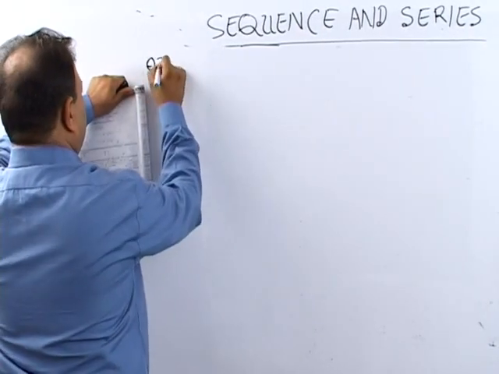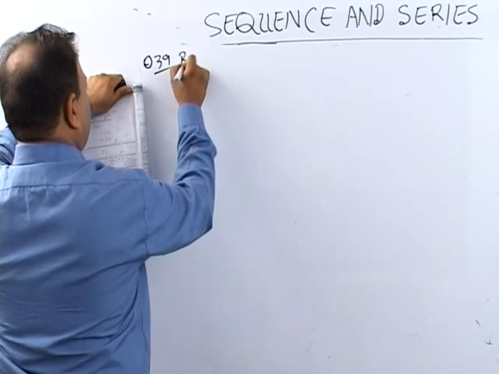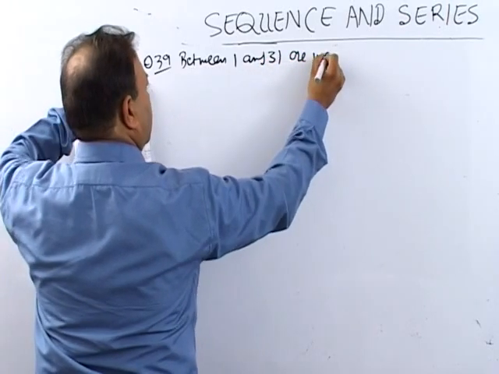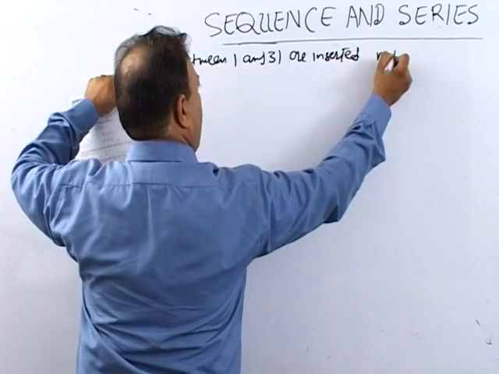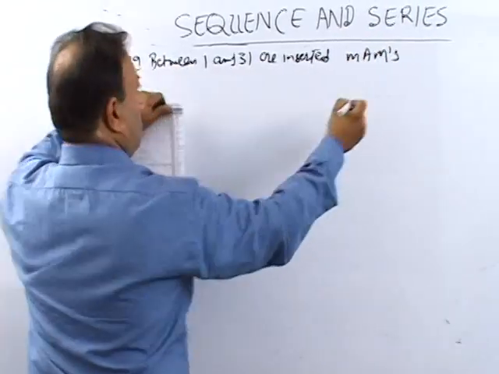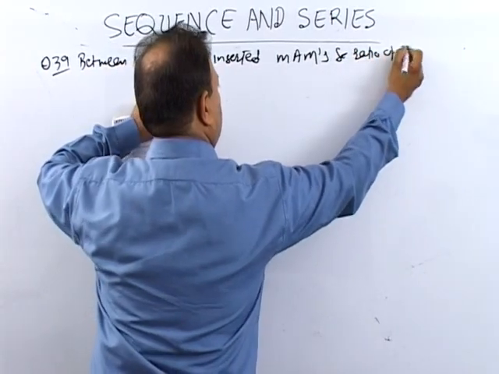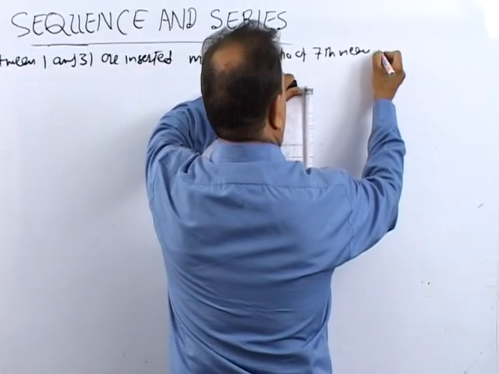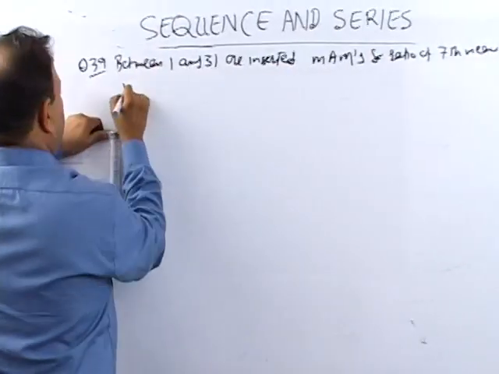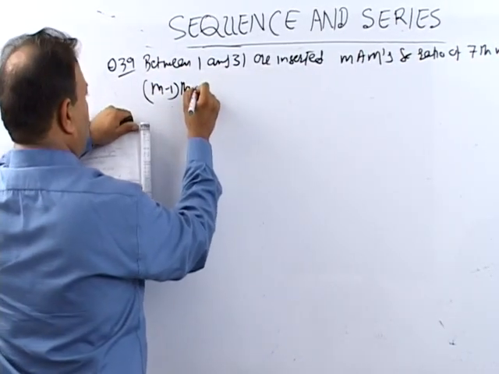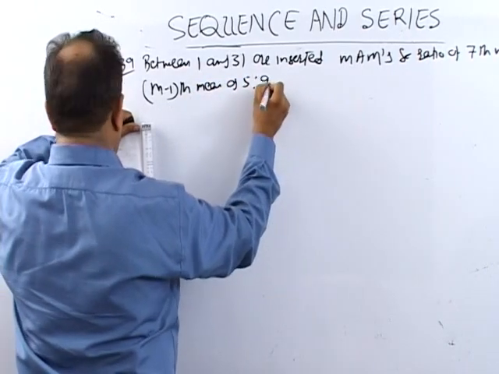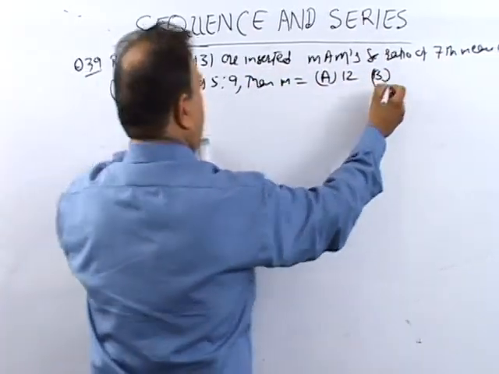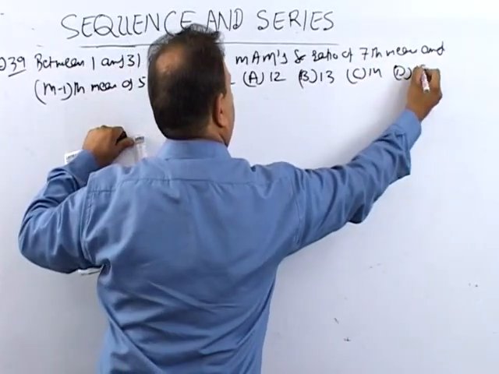Between 1 and 31, m arithmetic means are inserted. So the ratio of the 7th mean and the (m minus 1)th mean is 5:9, then m is equal to: a is 12, b is 13, c is 14 and d is 15.